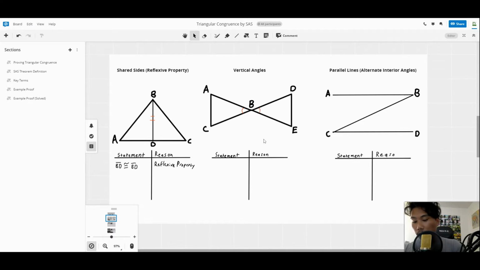So again, this statement is angle ABC is congruent to angle DBE, and they are congruent thanks to the vertical angle congruence theorem.